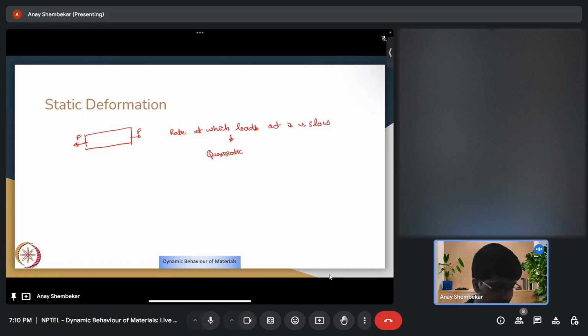Because the applied loading rate is low, inertial effects are neglected.